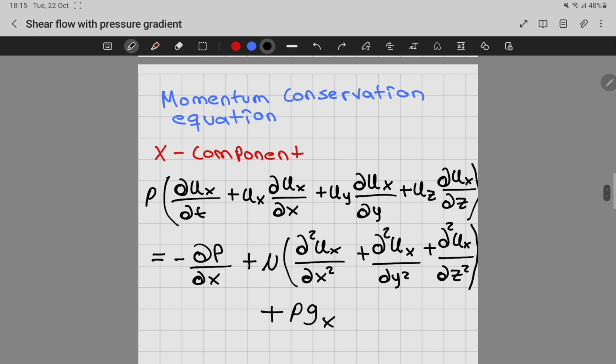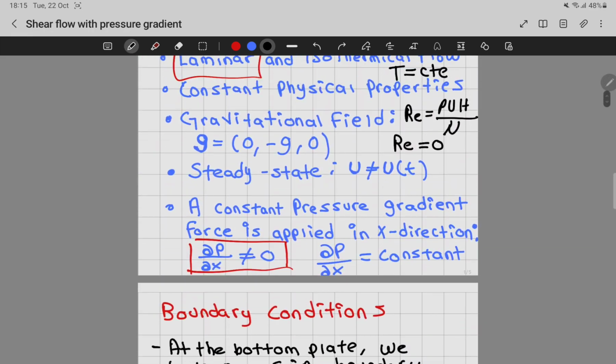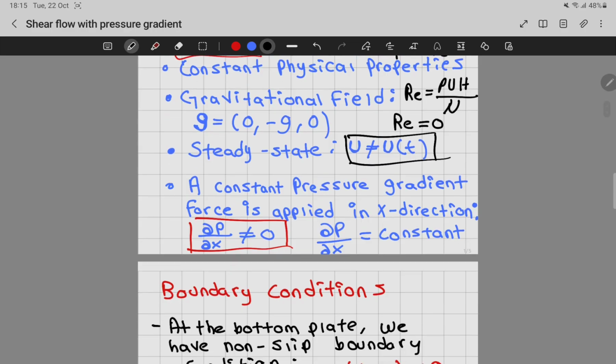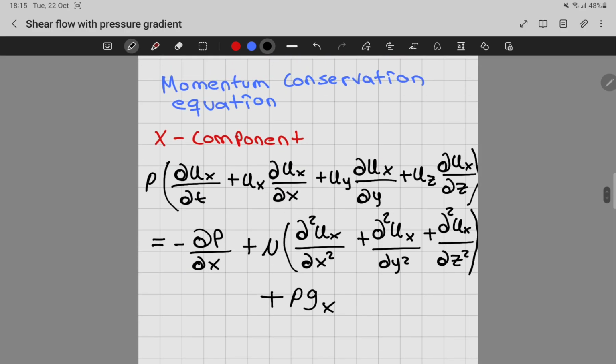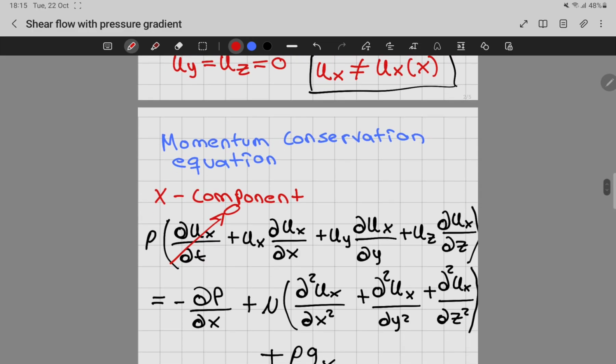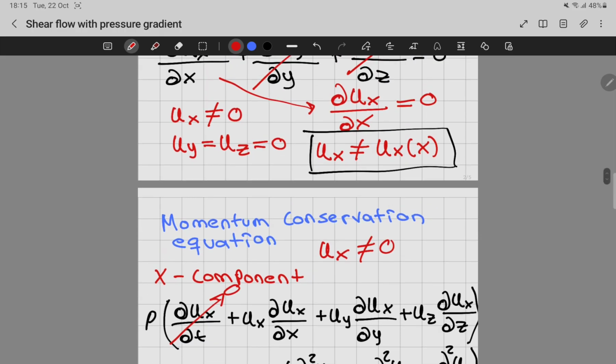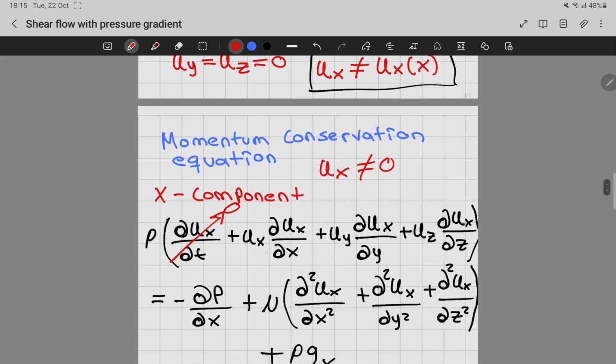You remember that we assume a steady state, so the velocity is not going to depend on time, or we don't care about the temporal behavior of the system. So this derivative is going to be equal to 0. ux is actually different than 0, but from the continuity equation, ux is not going to depend on x because this derivative is 0. So this is 0.